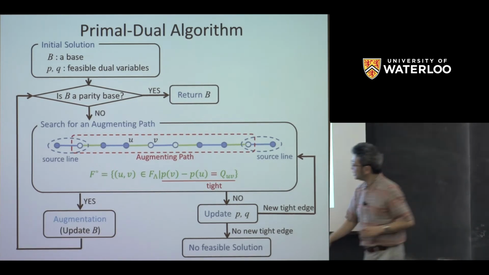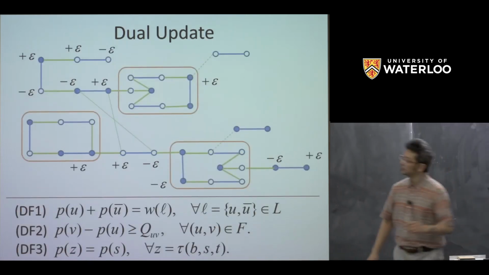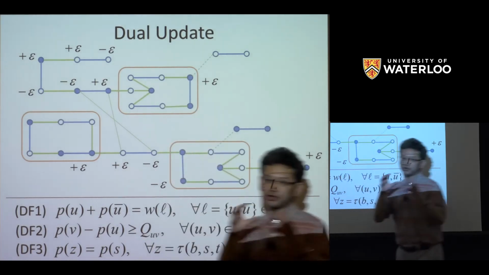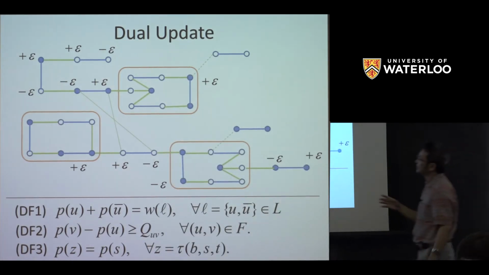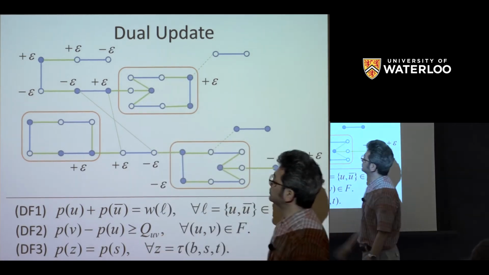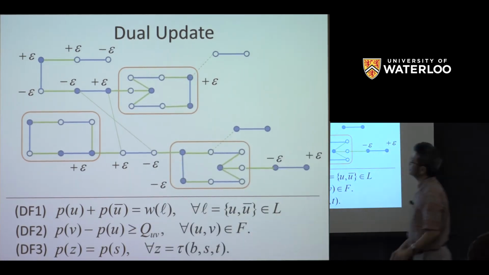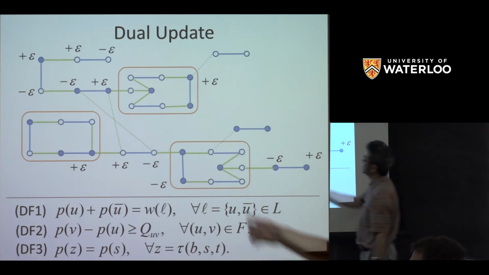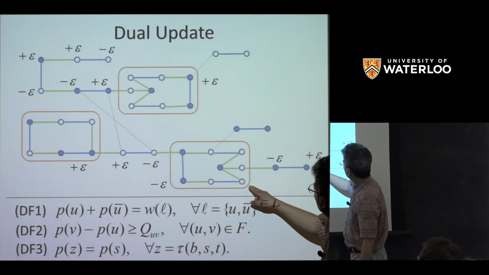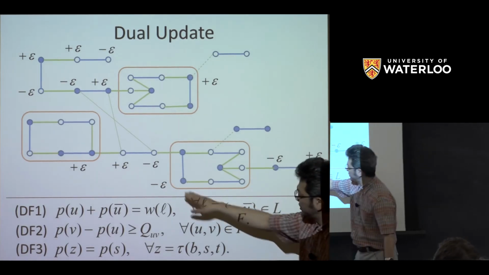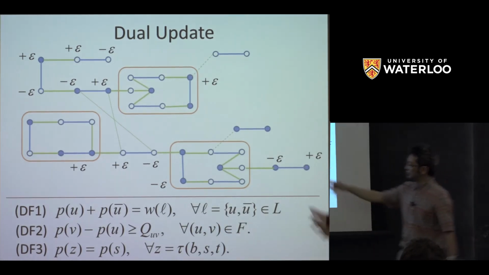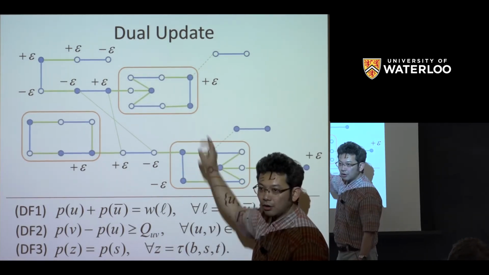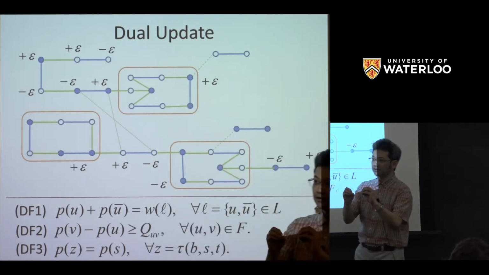Now, let me tell you how to update. For each maximal blossom reached in this way, through the tips, you must increase the variable for this blossom by some positive amount epsilon. And if you reach the blossom in this way, you must decrease the value by epsilon. So all the dual variables that change must be connected to the maximal blossoms or the vertices outside the blossoms.